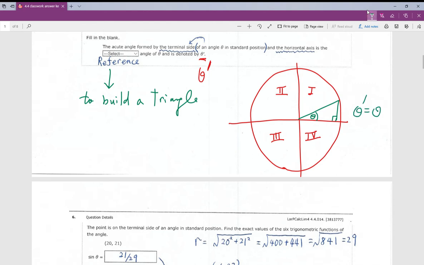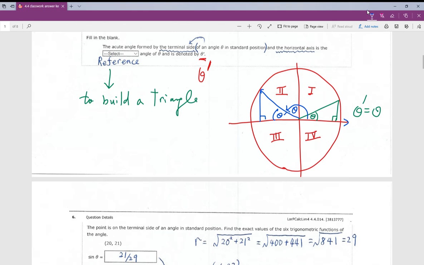Now, if your angle is on the second quadrant, then start your original side always here. This is always the terminal side. So your angle theta will be here. If your angle theta is here, you no longer use angle theta to build the triangle. So you use the reference angle to build a triangle.